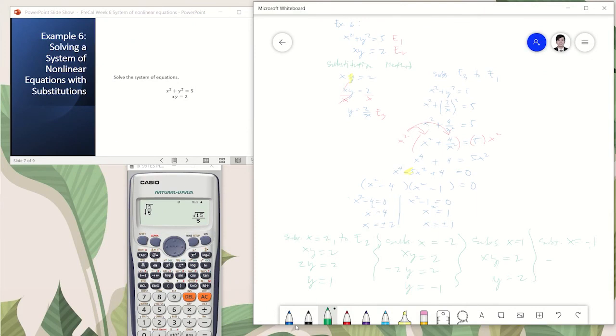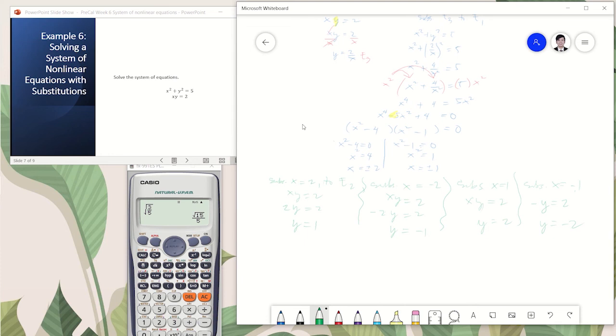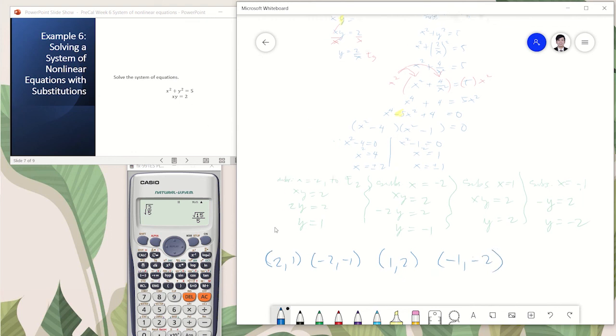So -1 y is equal to 2. Divide both sides by negative 1, y is equal to -2. So therefore, there are 4 solutions. So what are the solutions? That would just be 2, 1, -2, -1, 1, 2, and -1, -2. So there are 4 solutions.